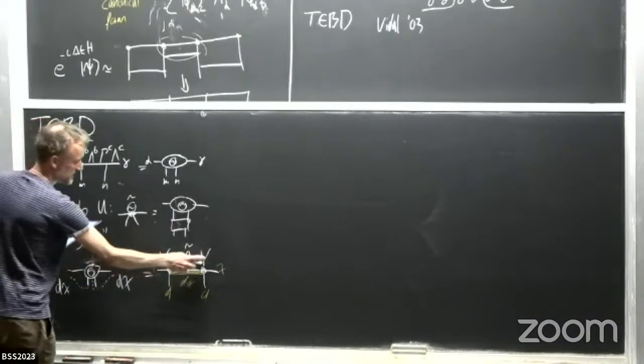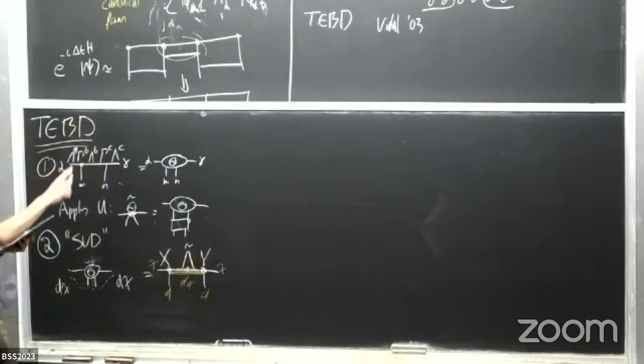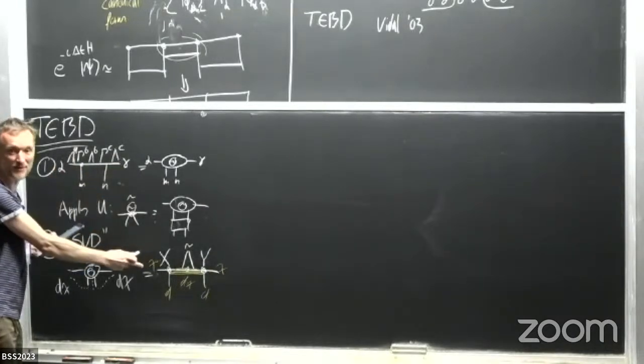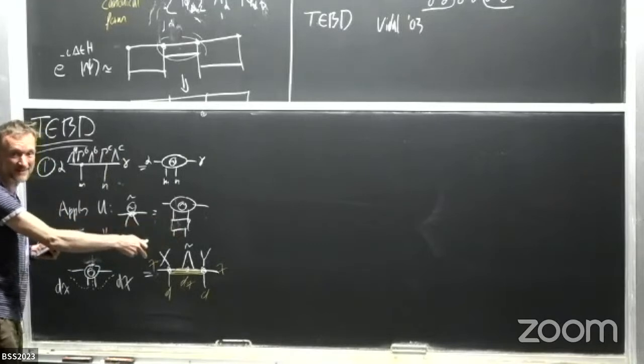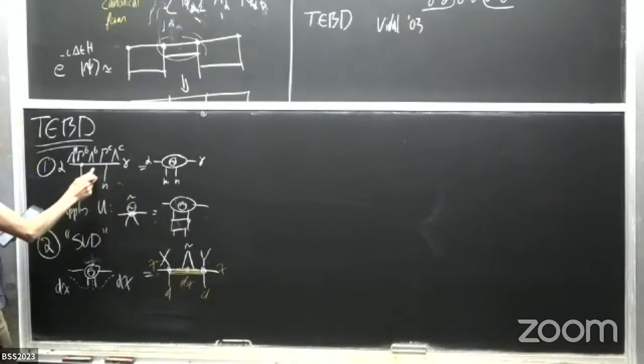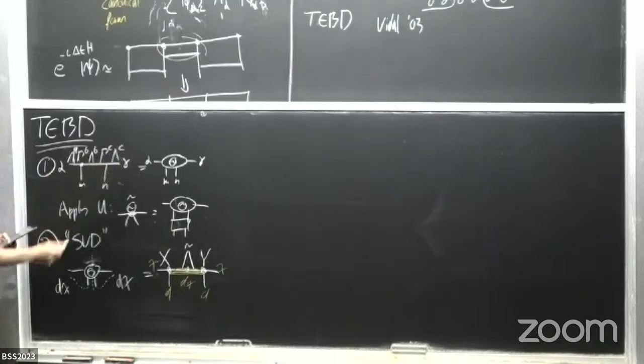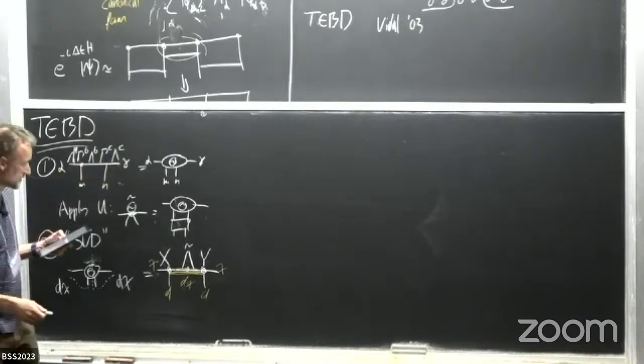And this is not yet quite our gamma lambda form that we are interested in, but we still have this lambda A and lambda C multiplied to the left and to the right. And because the unitary only changes the entanglement or the Schmidt spectrum on this bond, the lambda here and lambda over there are unchanged. So in order to get rid of them, we just have to multiply with the inverses, right?